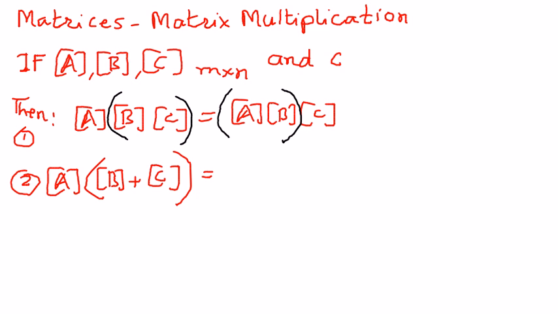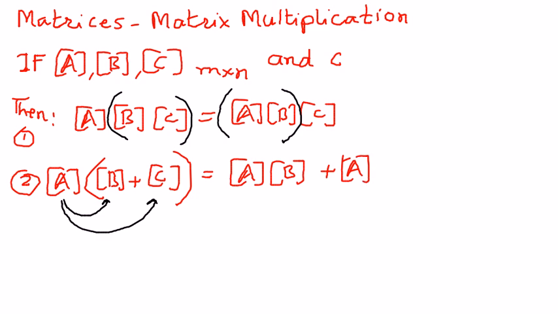We're going to distribute the matrix A, which is outside of the parentheses, to every one of the matrices inside the parentheses, and the way we can write that is as follows: matrix A times matrix B plus matrix A times matrix C. This is what is called the distribution property.